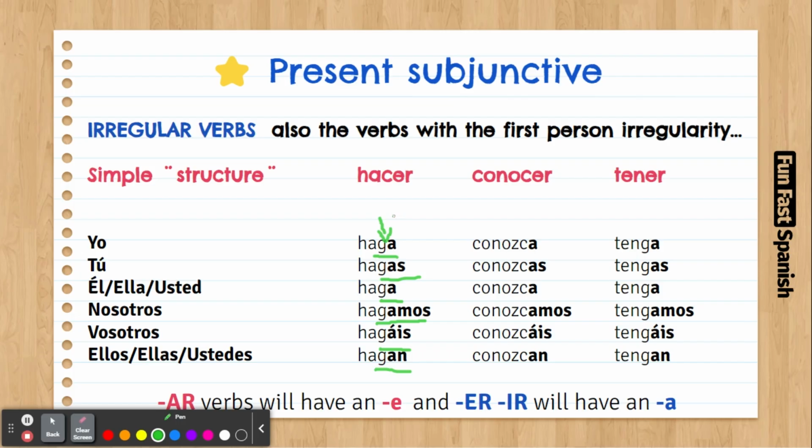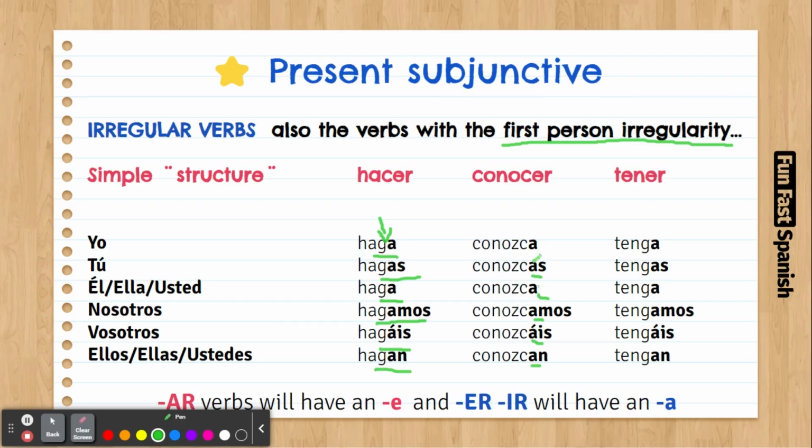Do you remember conocer? Yo conozco. So yo conozco, tú conoces, él conoce, but yo conozco has this first person irregularity, right? And that's the way you're going to carry on conjugating the rest of the personal pronouns. Yo conozco, so it's going to be yo conozca, tú conozcas, él conozca, nosotros conozcamos, vosotros conozcáis, ellos conozcan.